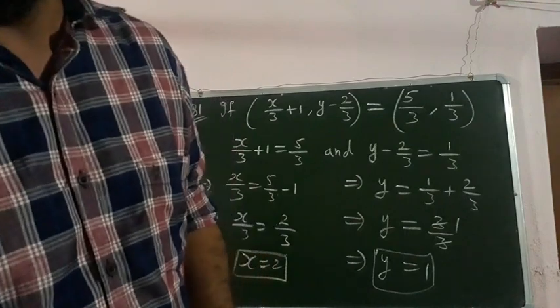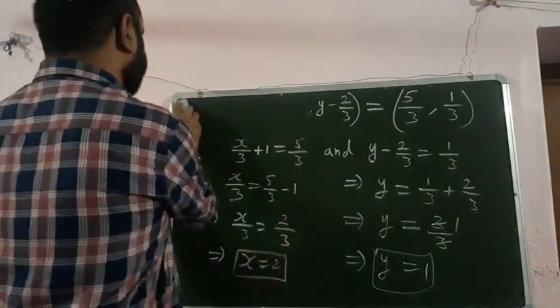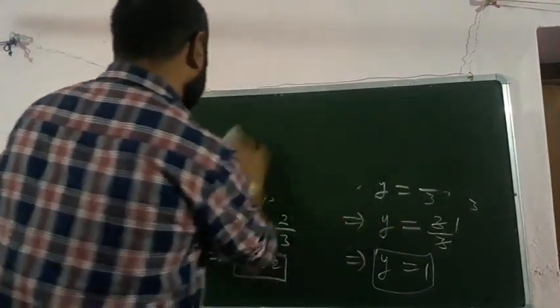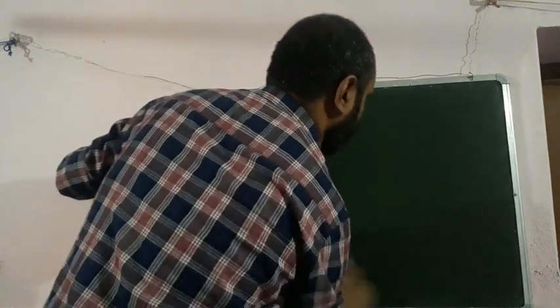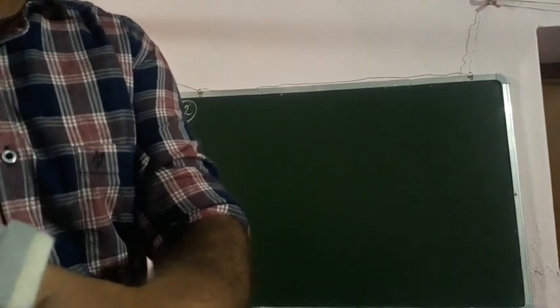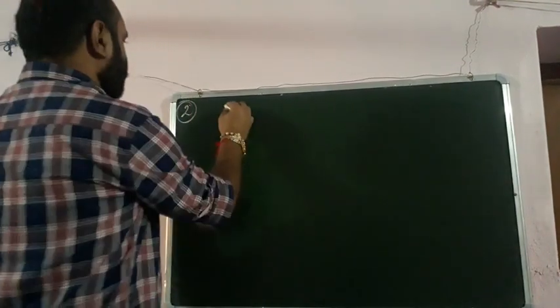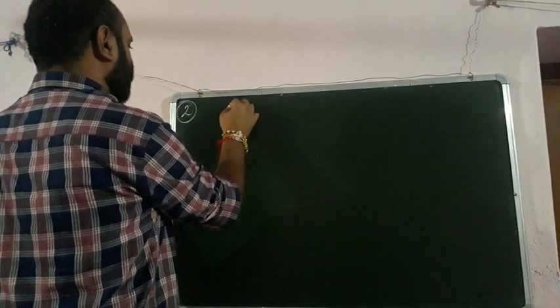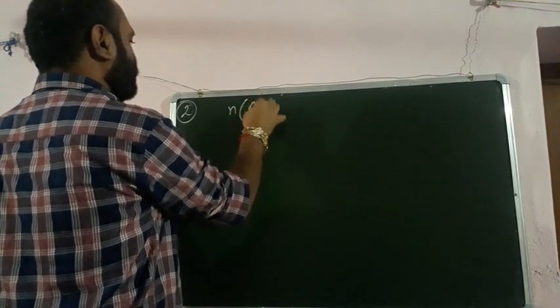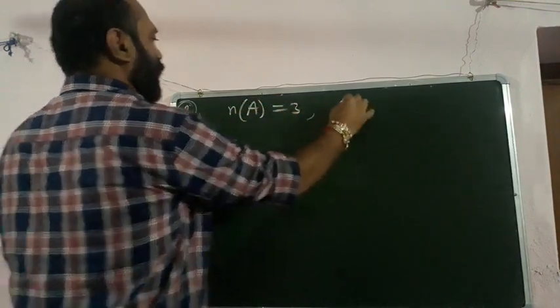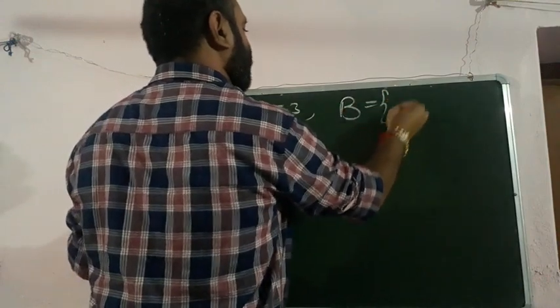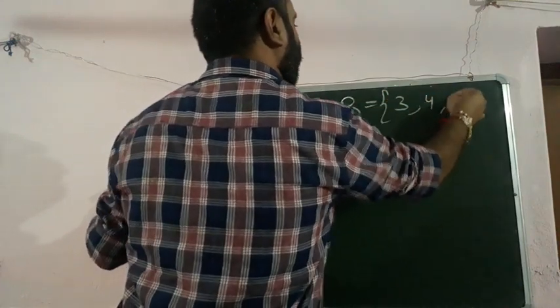Now let us take the second question of this exercise. The question is: if set A has 3 elements, that is, the number of elements in A is equal to 3, and the set B is {3, 4, 5}.